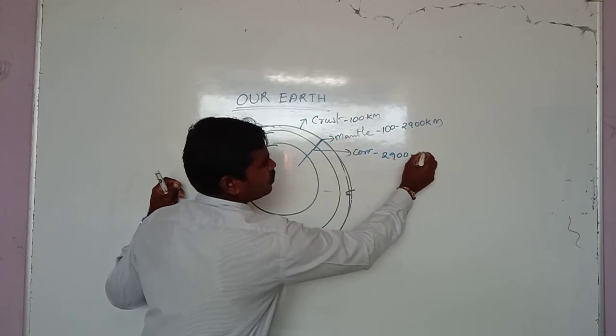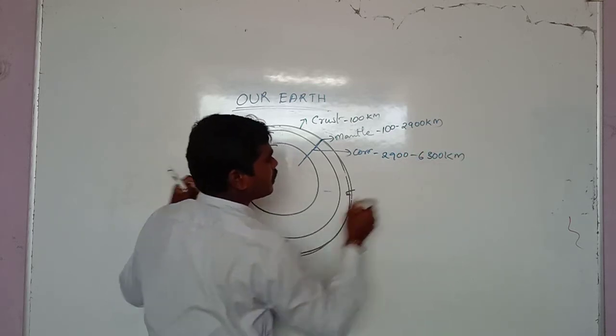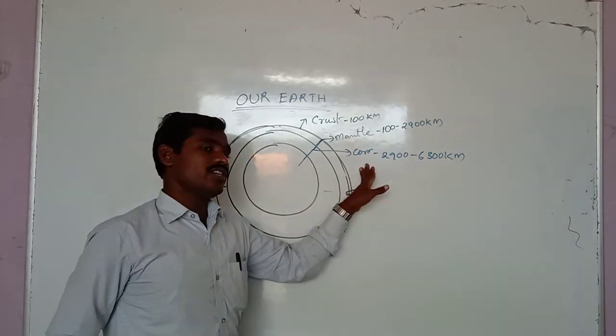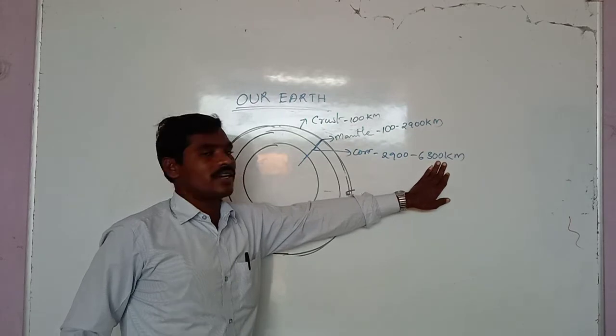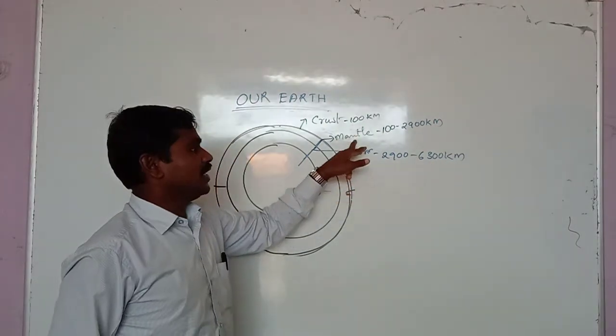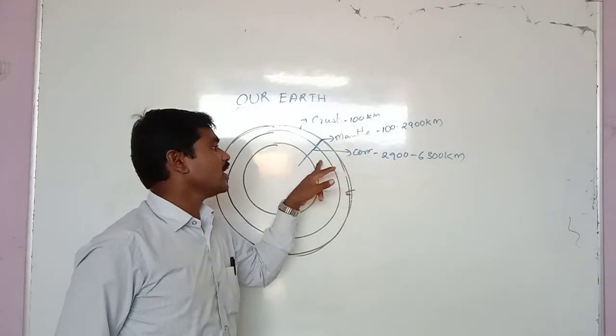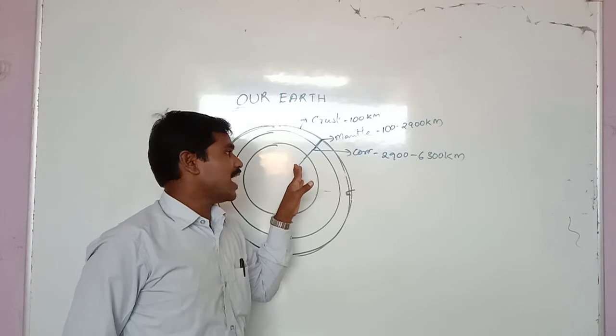The core extends from 2900 kilometers to 6300 kilometers. It has more heat than the mantle, but it is not in liquid form. It is in solid form.